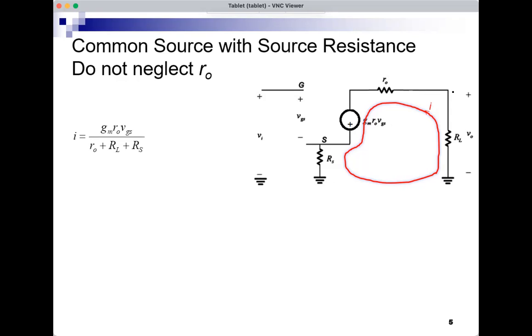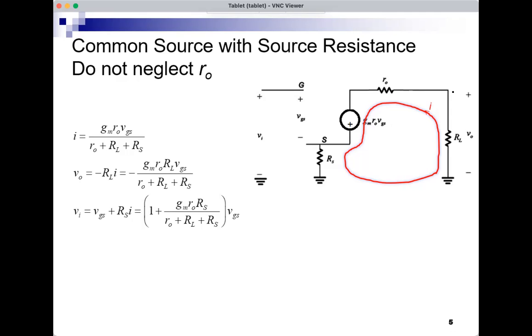And now we know that the output is minus I times RL and the input is VGS plus I times RS. So the output is minus I times RL because I is flowing up in RL. So we get this expression, and the input is VGS plus the drop in RS, so VGS plus I times RS, and we get another expression for the input in terms of VGS. Both the output and the input are in terms of VGS.